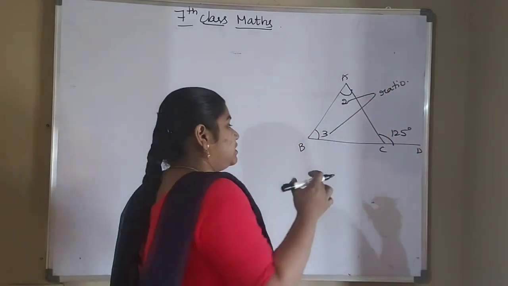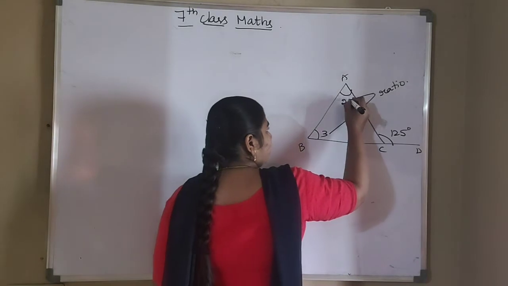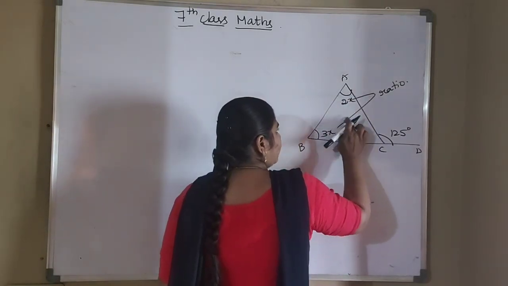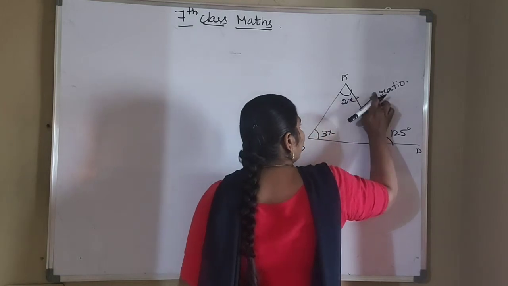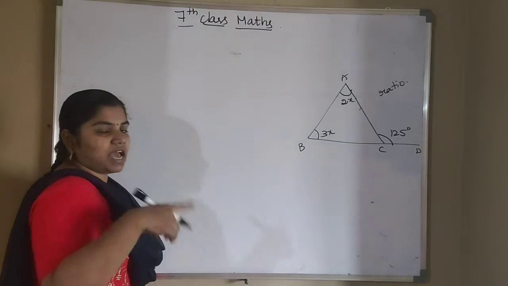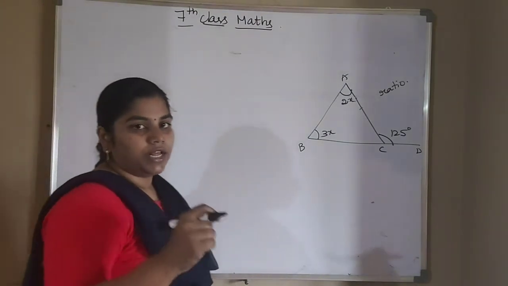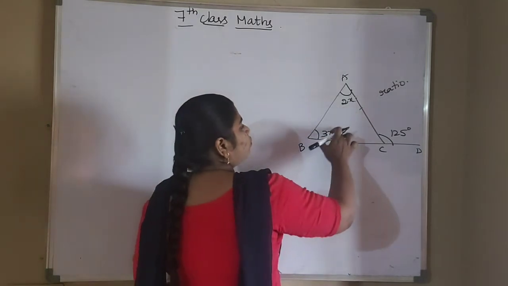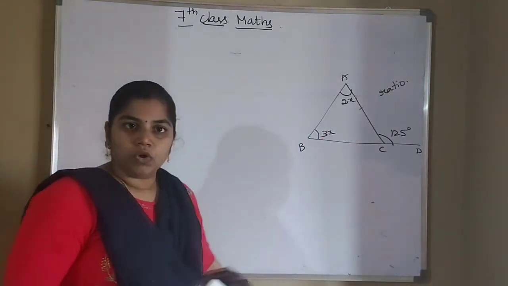So I am taking one angle as 2x and the other angle as 3x, because they have given it in the form of a ratio. Ratio is nothing but the result will be in the form of a multiple of 2 and a multiple of 3. Okay.